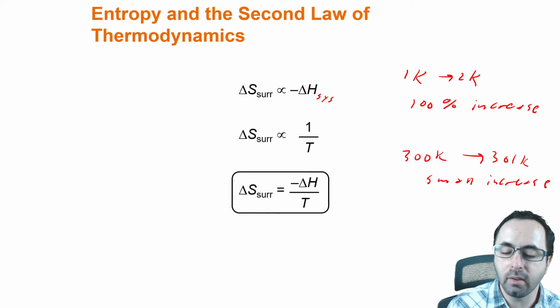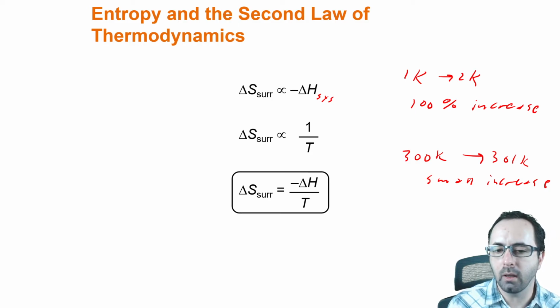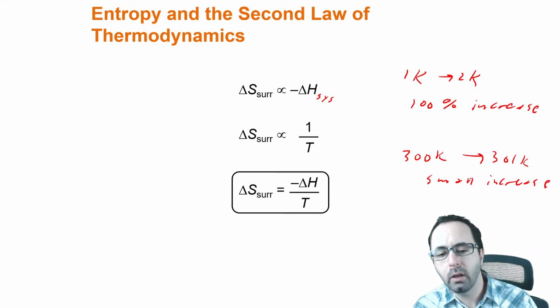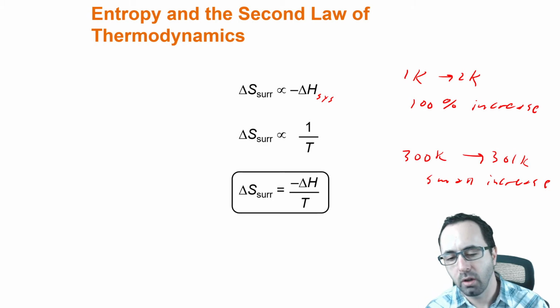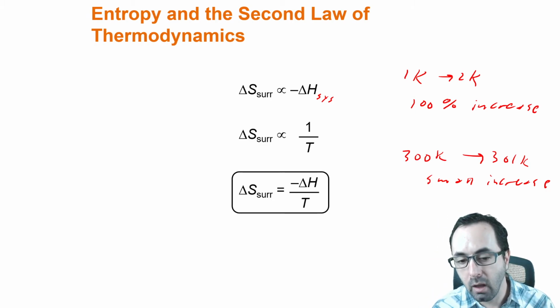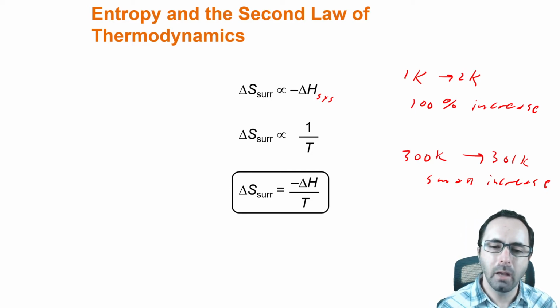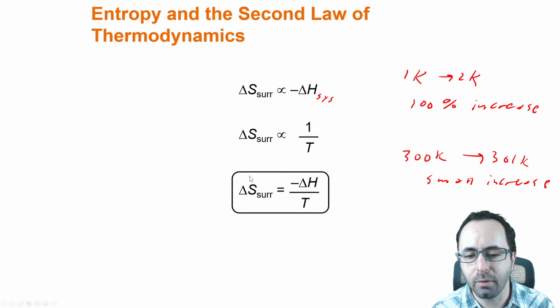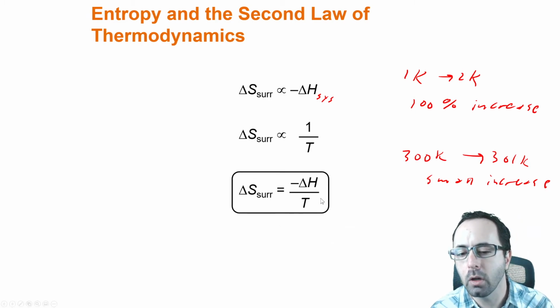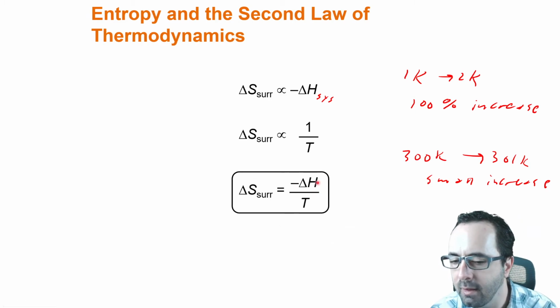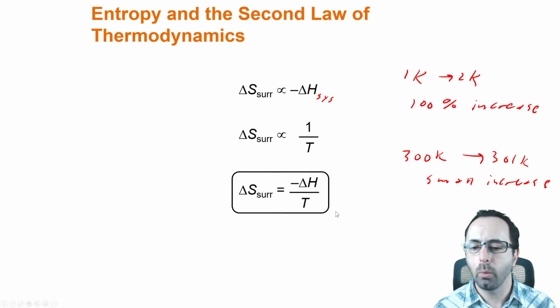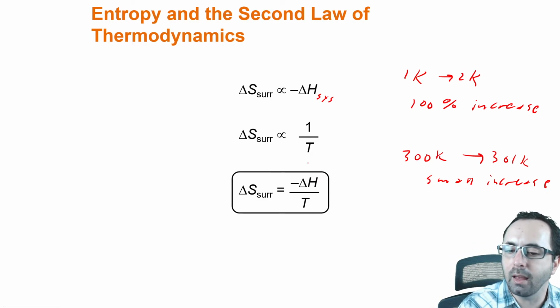This is going to be really important because we know that a spontaneous reaction is going to be one in which the total entropy of the universe is increasing, but measuring the total entropy of the universe, or even the entropy of the surroundings, is very, very difficult. But measuring what's going on in the system is a lot easier. So what we can do is measure the delta H of the system.